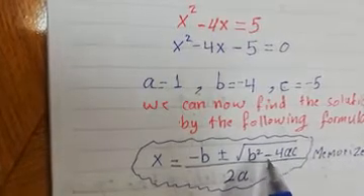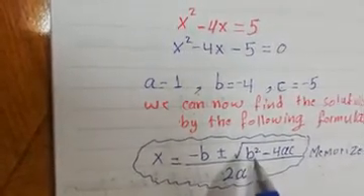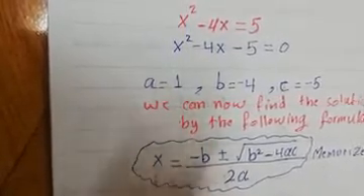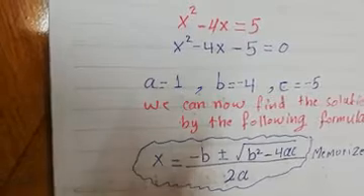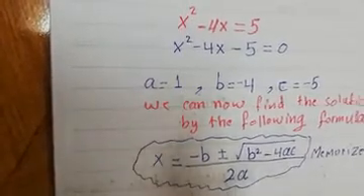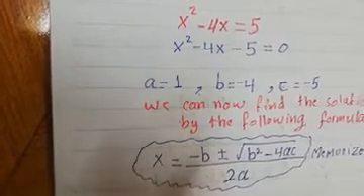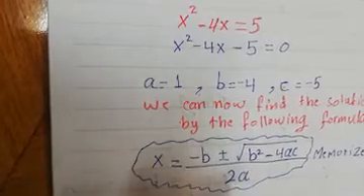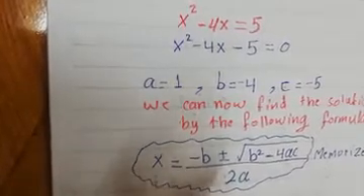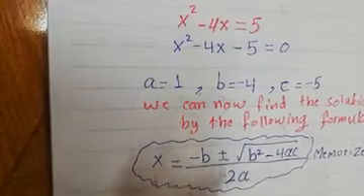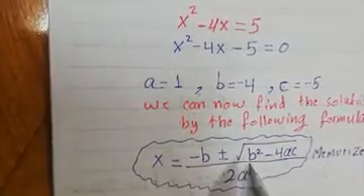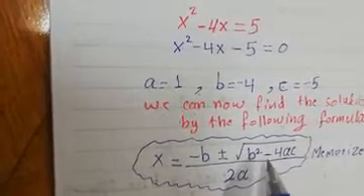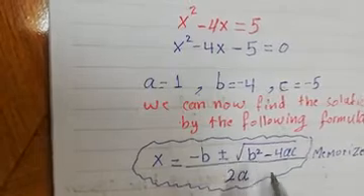It discriminates between the equations which have two different real solutions, the equations with one real solution, and the equations with no real solutions. Because it discriminates between these different equations, we call it the discriminant.